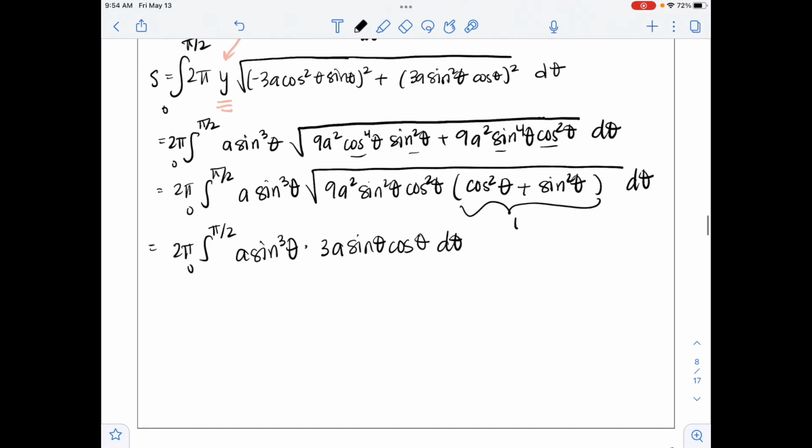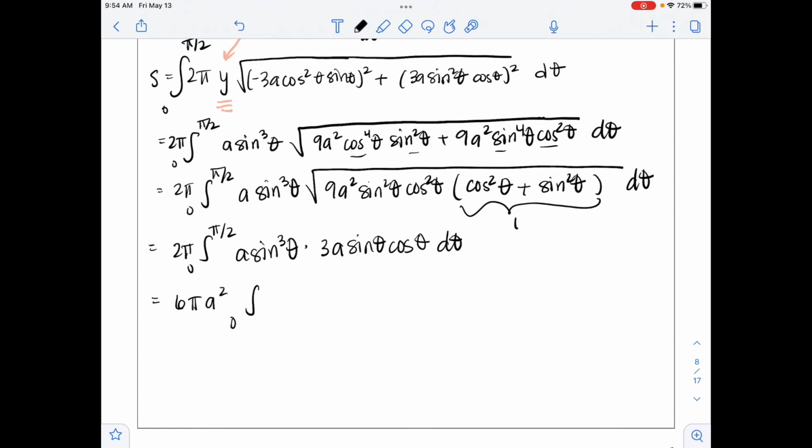And then from here we can again simplify this a little bit more. I end up with 3a squared, which technically I can move outside of my integral. And so we'd have 3a squared times 2π, and we get 6π a squared.